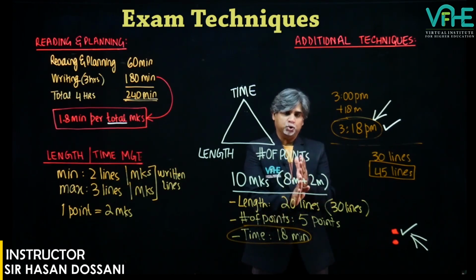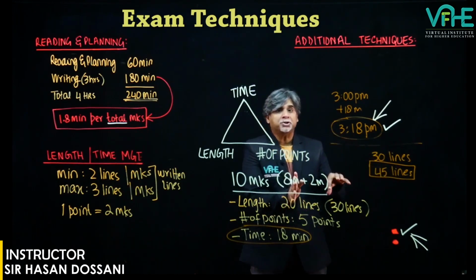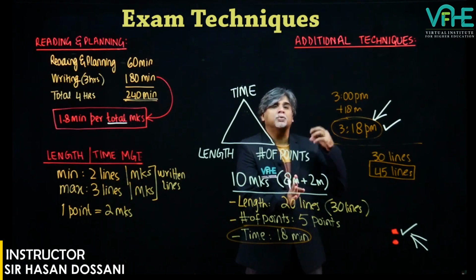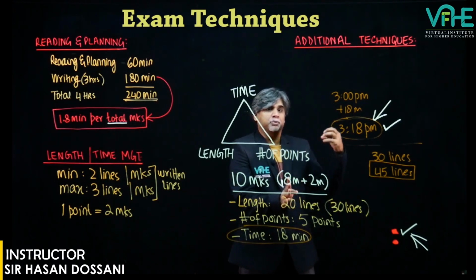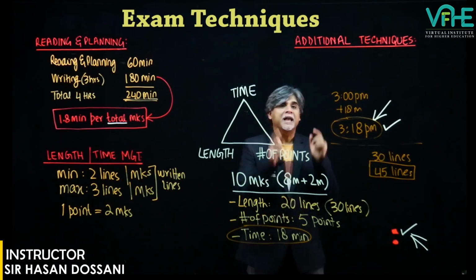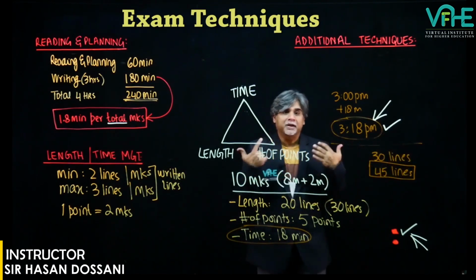No need to spend extra 5-7 minutes, because the repercussion of spending those extra 5-7 minutes is much more serious, because you will not be able to complete the paper and miss 15 marks in the end, and you will realize that when you will reach the end, but that's too late.